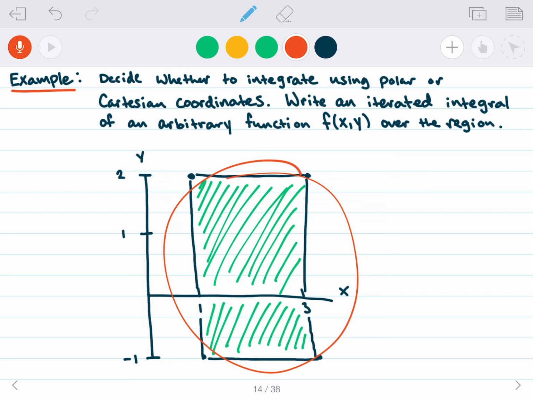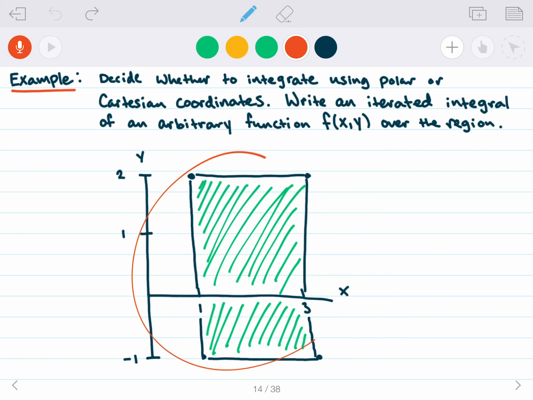And we're going to assume that the function itself and the region are going to be companions, in the sense that if the region is good to integrate in rectangular coordinates, then the function itself is going to be easy to integrate. So we have a region that's rectangular, and so it makes sense to use the rectangular or the Cartesian coordinates here. Now let's check out our bounds.